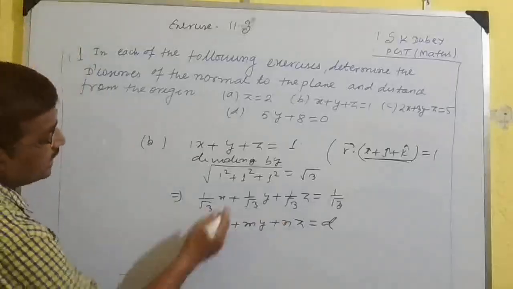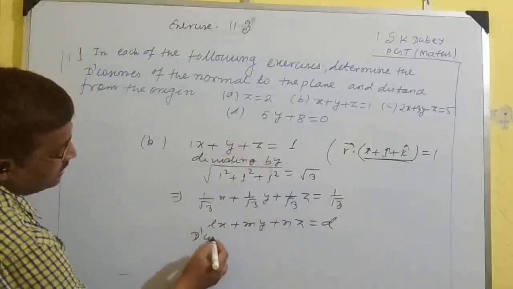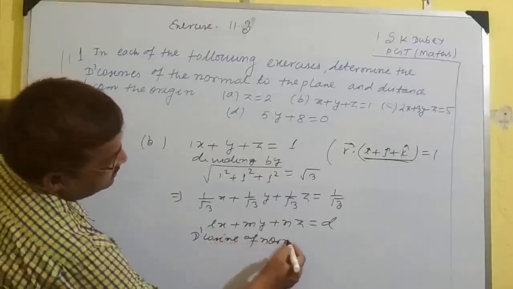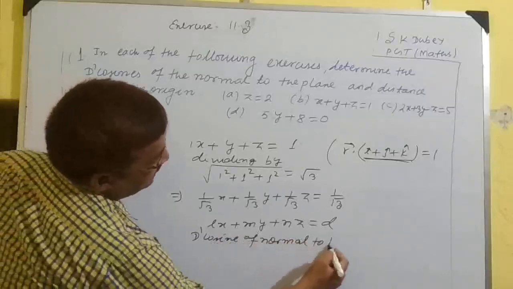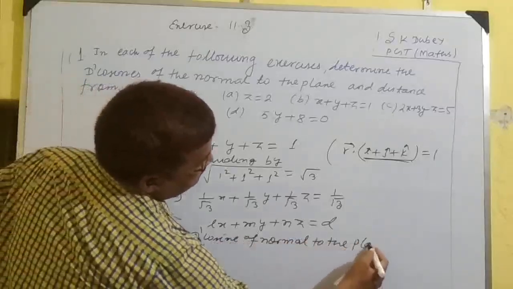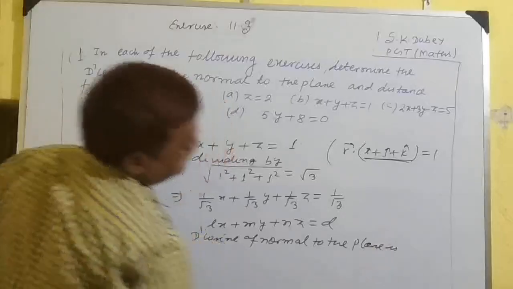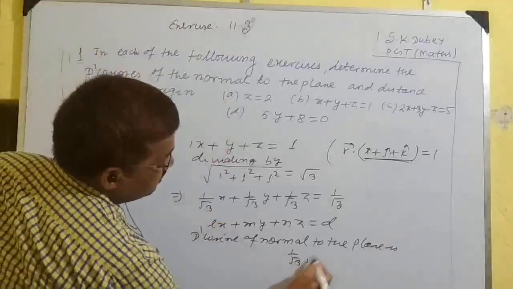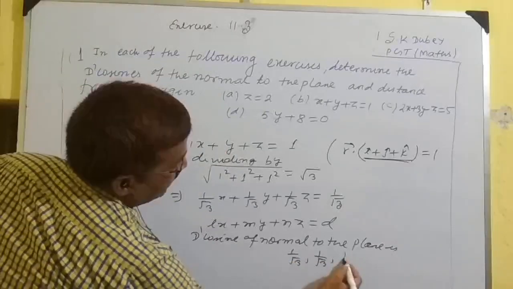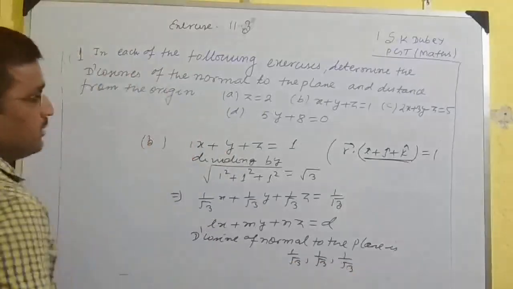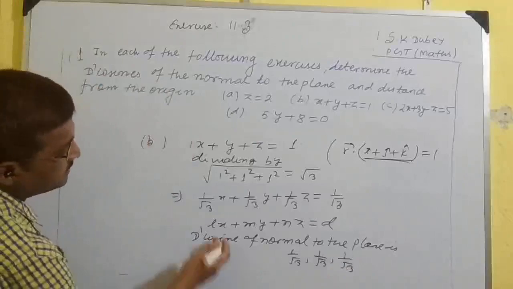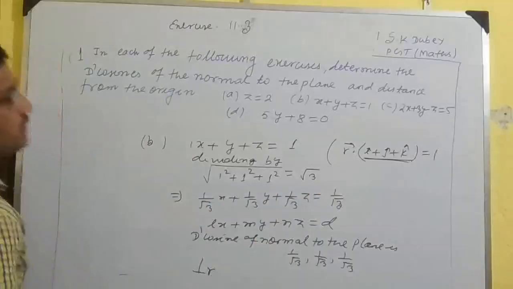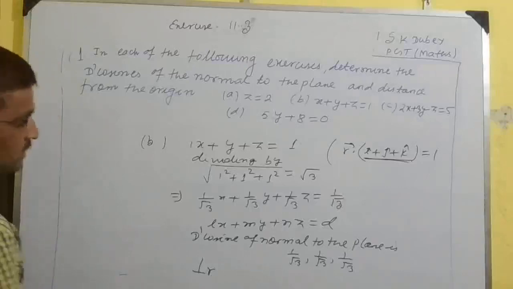Then direction cosine of normal to the plane is 1 by root 3, 1 by root 3 and 1 by root 3, and if this plane is in the normal form, then this value will be the perpendicular distance from origin.